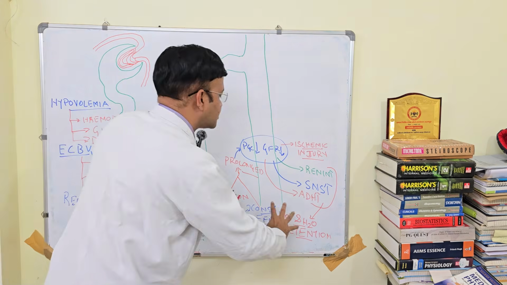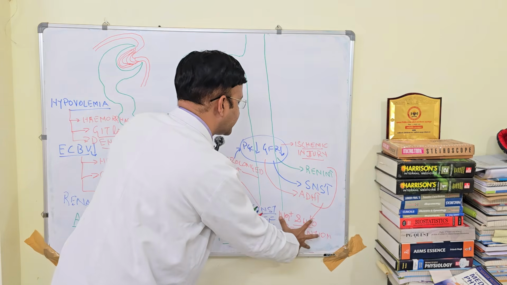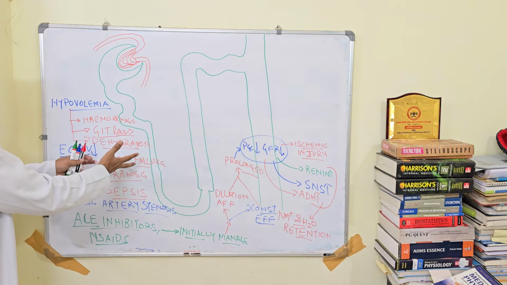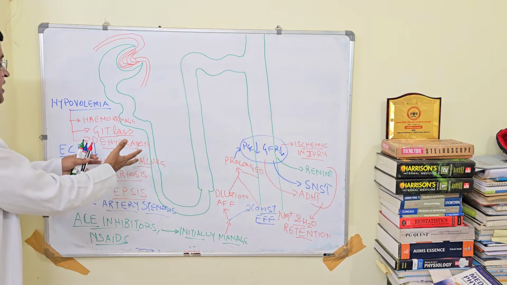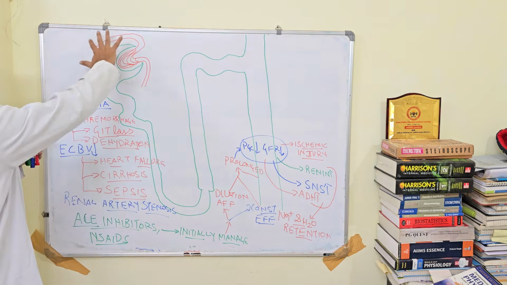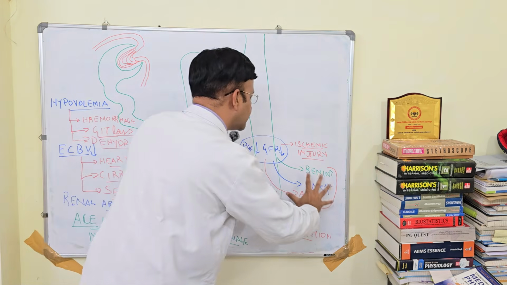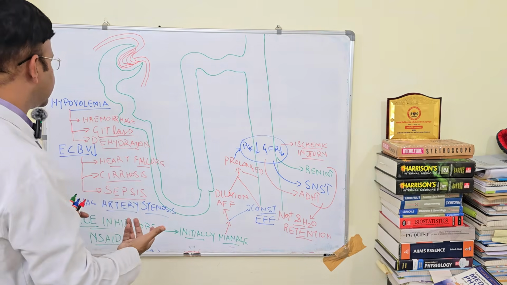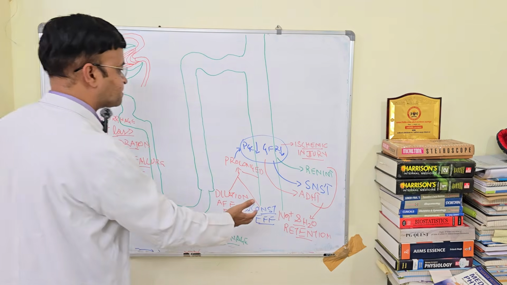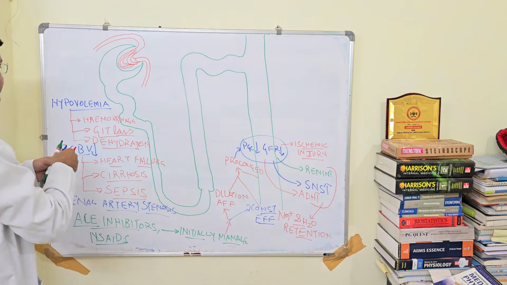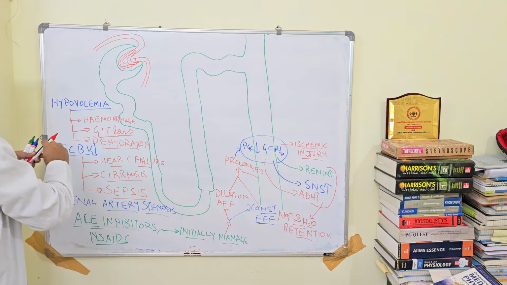So it will cause sodium and water retention, which is going to put even further load on a failing heart, right? The heart condition is going to deteriorate further, reducing the effective circulating blood volume even lower. This will cause even more sodium and water retention. So this creates a kind of vicious cycle, right? So this much is about your pre-renal, right? All this detail was about pre-renal.